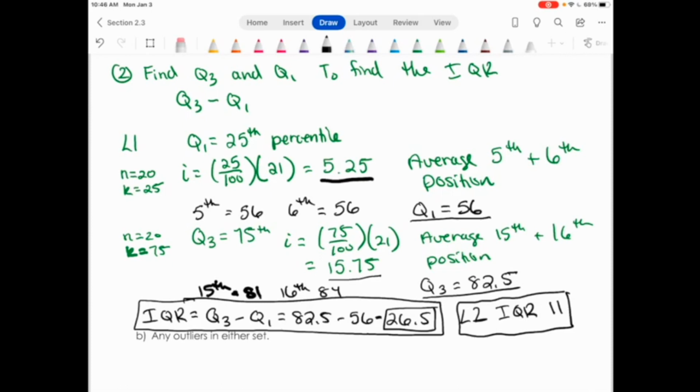If I look at the interquartile range for the first list, for the daytime classes, there's a much bigger range of values because that 26.5 says there's a bigger space in between Q3 and Q1. Whereas the space between Q1 and Q3 for the second list, or our night classes, is 11. So this suggests that there's going to be more variation in the first data set, which is for the day classes, than there is for the evening classes.